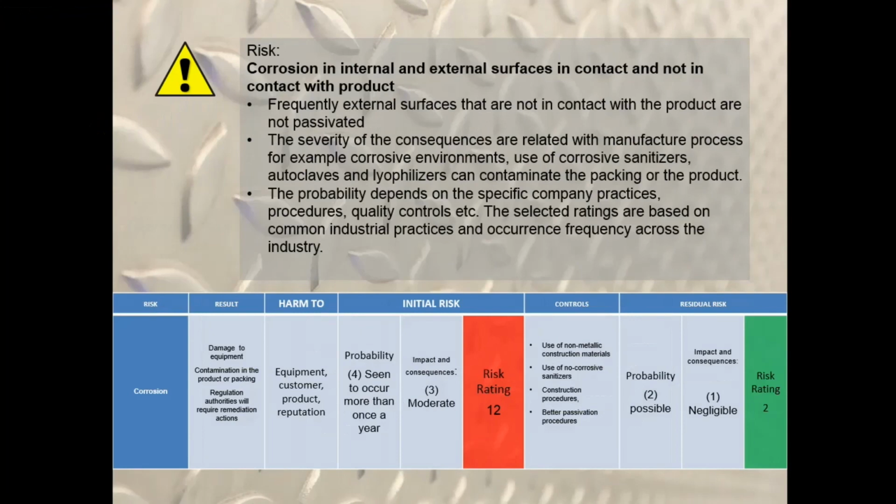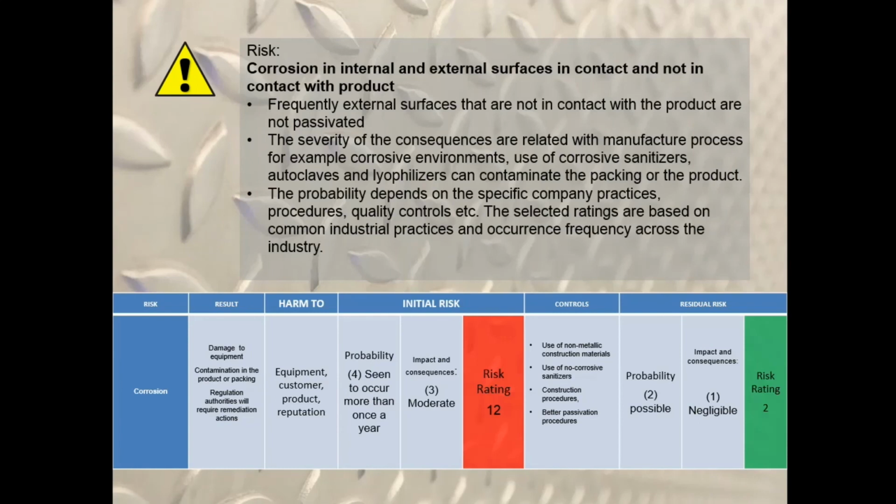The last risk that I will evaluate is corrosion. Sometimes stainless steel structures, such as stairs and platforms, are cleaned with corrosive sanitizing agents. Chlorine compounds are the most common ones. A corrosive environment, such as hydrochloric acid fumes, also leads to corrosion in stainless steel.